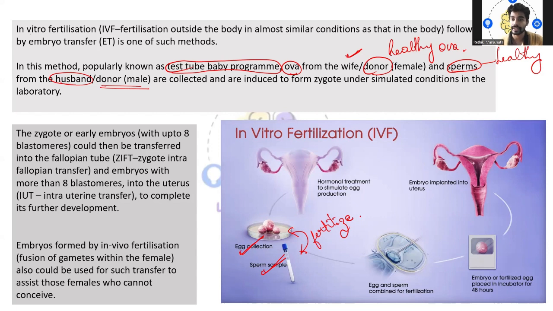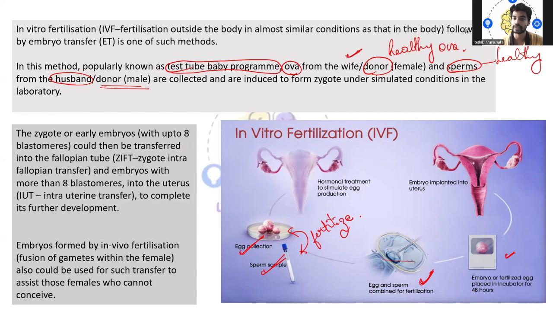Once the egg and sperm combine to form fertilization, the embryo will develop. After fertilization, the embryo, which is nothing but the fertilized egg, will be placed in an incubator for around 48 hours. Now it is a fertile egg, that is the zygote.